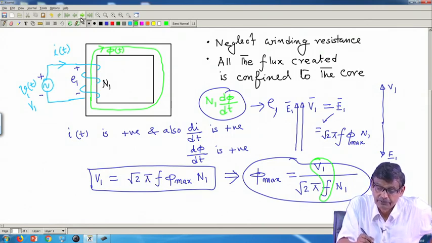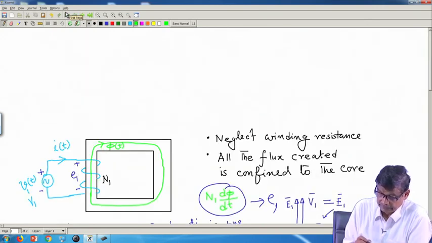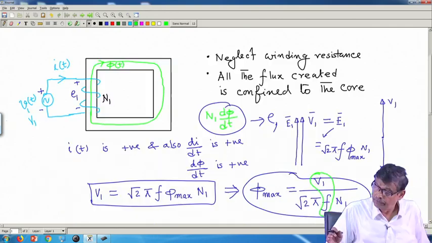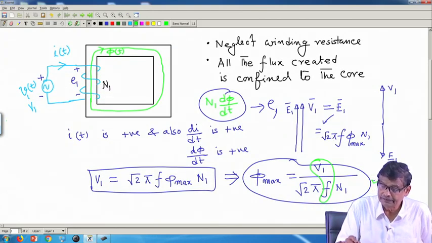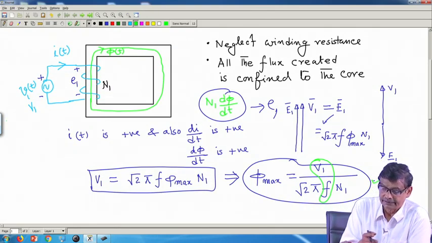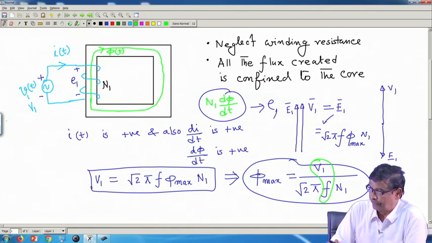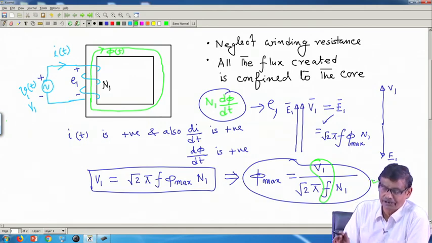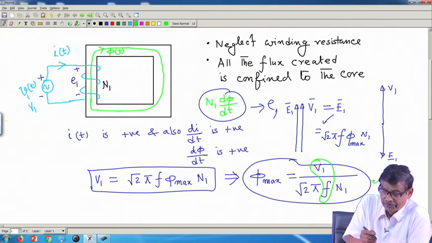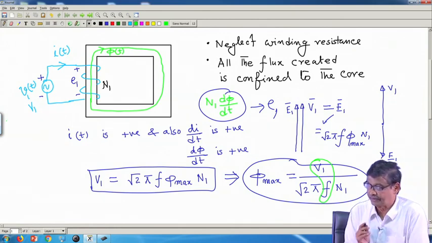Now, let us go to a new page. After learning this, in this magnetic circuit, we now know this is what is going to happen. I will refer back to this once again; redrawing is not necessary.